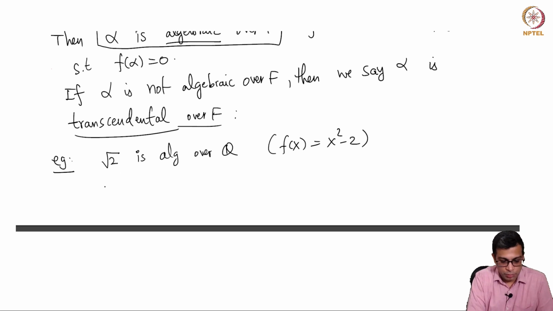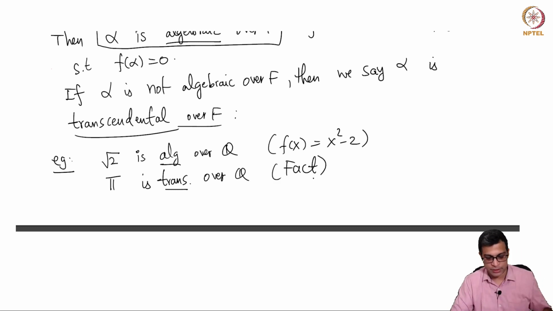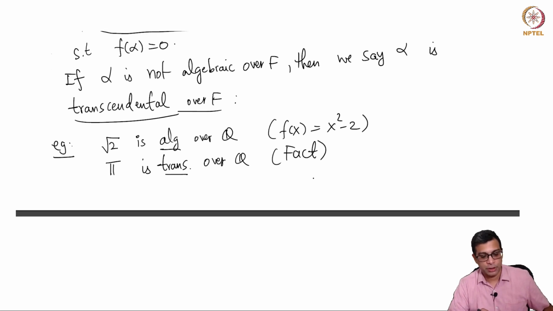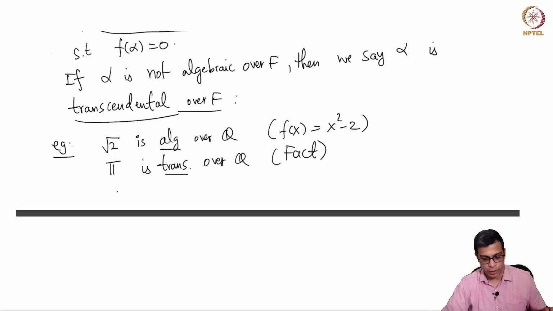Okay, pi is transcendental over Q. Okay, this is a fact. It's a theorem in mathematics that there is no polynomial over rational numbers which has pi as a root. Okay, so these are important notions for us.